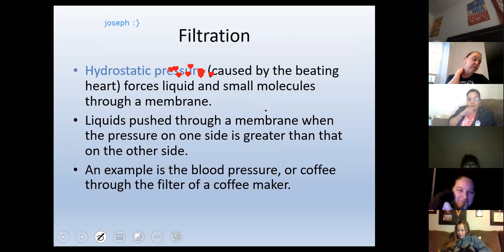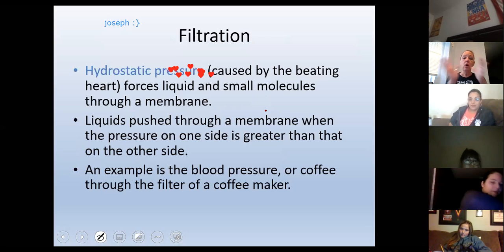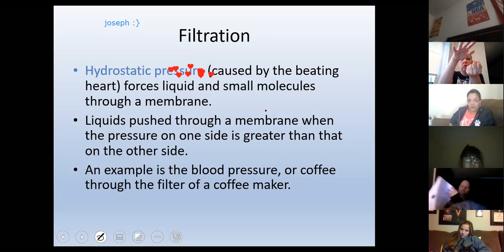All right, so the fourth and final passive is filtration. One example is when your heart beats, right? When your heart beats, we've got our beating heart right here. When your lower chambers, otherwise known as the ventricles, contract, they sploosh.